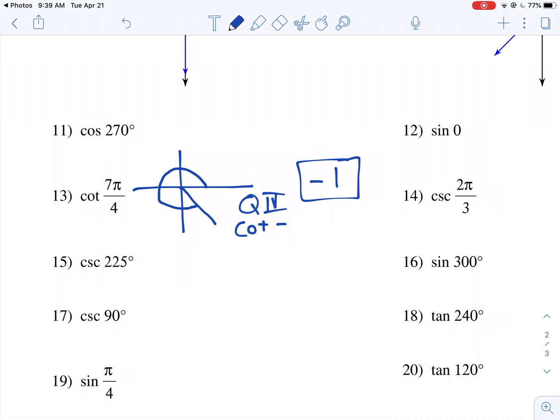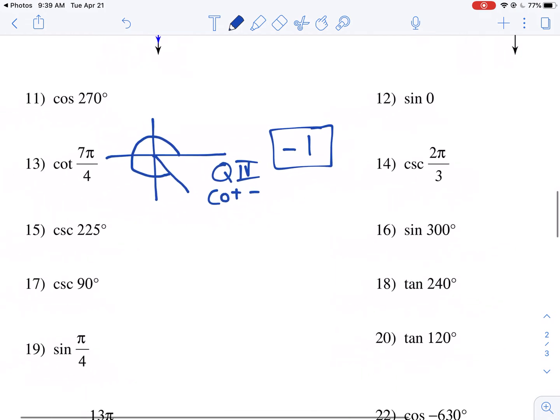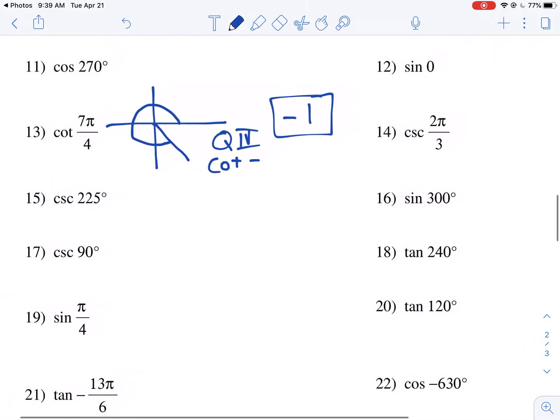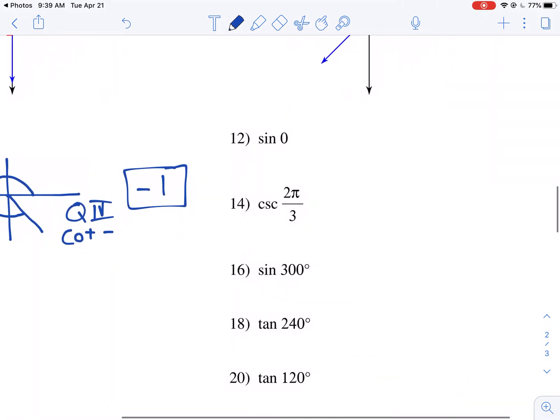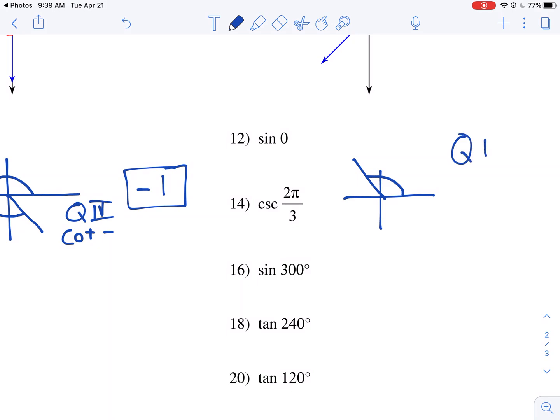Let's look at number 14 as well. I've got the cosecant of 2 pi over 3. I'll draw 2 pi over 3. It terminates up here. I already know this from my unit circle as well. I know exactly where 2 pi over 3 is. I see that this is quadrant 2, and I know from those notes that in quadrant 2, my cosecant is a positive value.